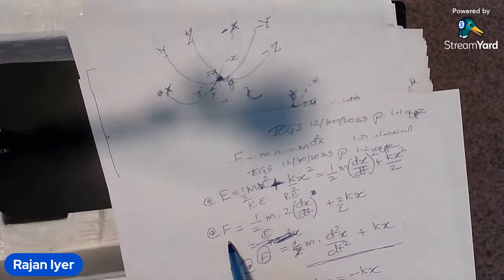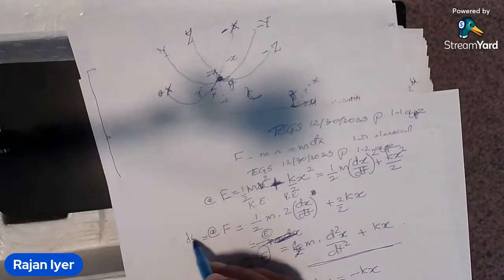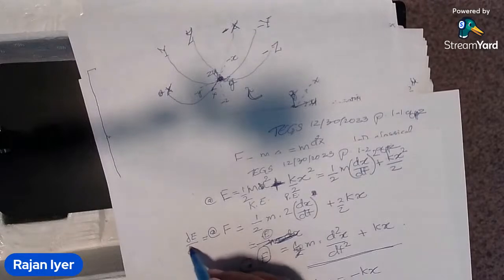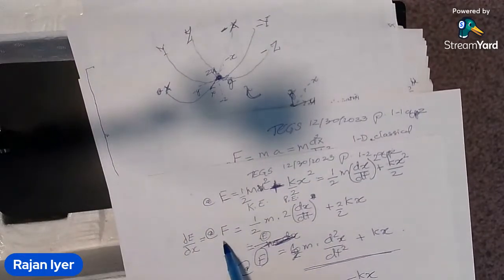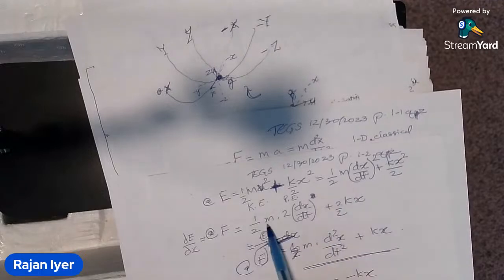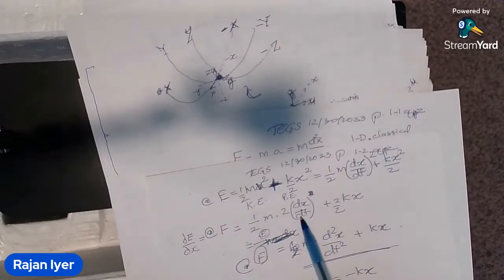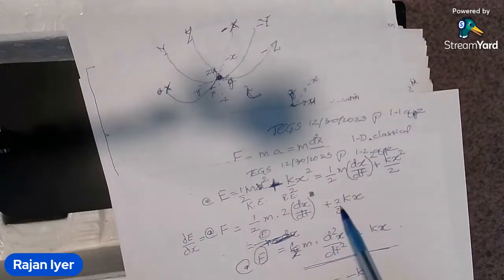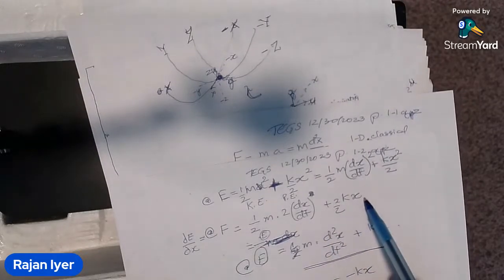Then I differentiate with respect to x, so force is nothing but del E by del x. When I differentiate, I get 2 times dx by dt, and then for x squared, 2kx.